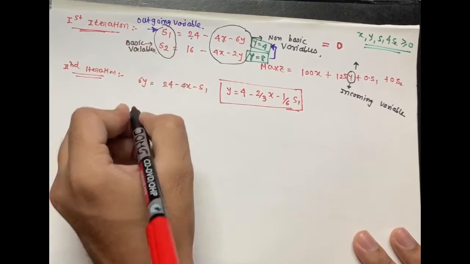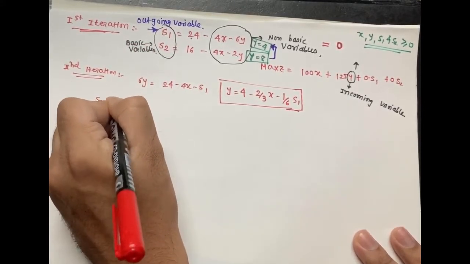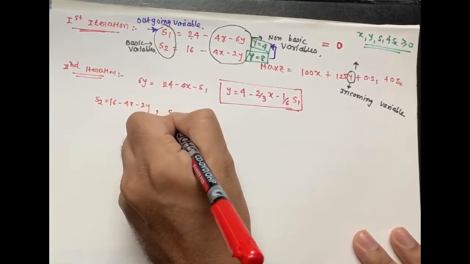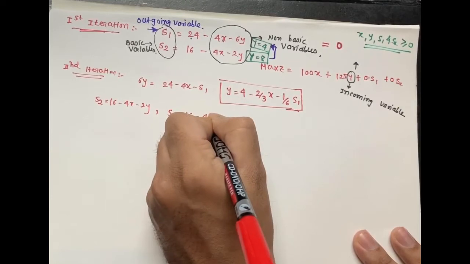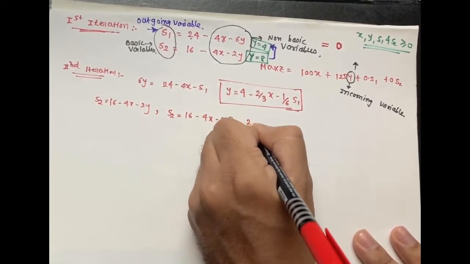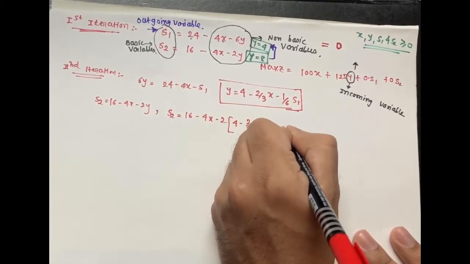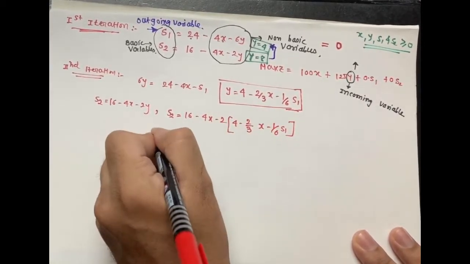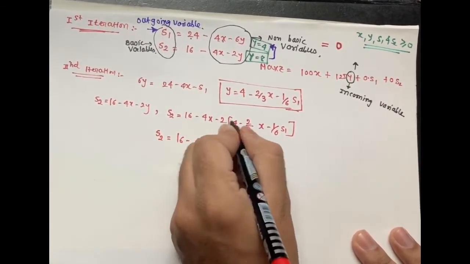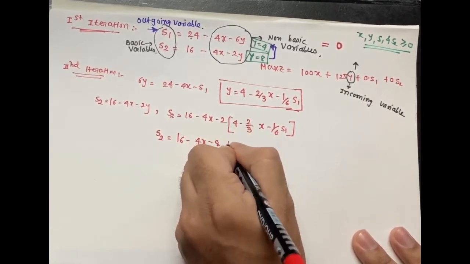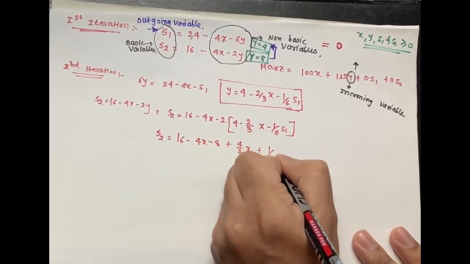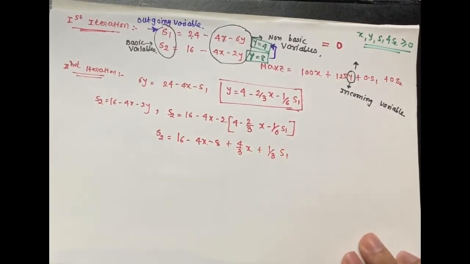Now rewriting the second equation, s2 equals 16 minus 4x minus 2y. So s2 equals 16 minus 4x minus 2 into y, meaning I require to put back this value, minus 2 by 3x minus 1 by 6 s1. If I open the bracket, s2 equals 16 minus 4x minus 8 plus 4 by 3x plus 1 by 3 s1.